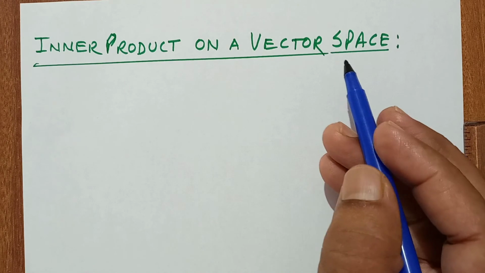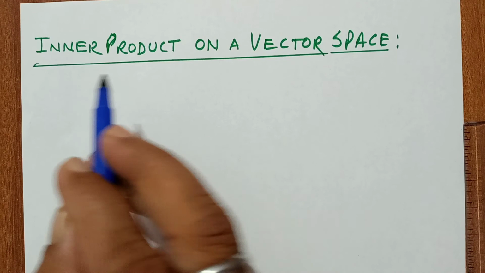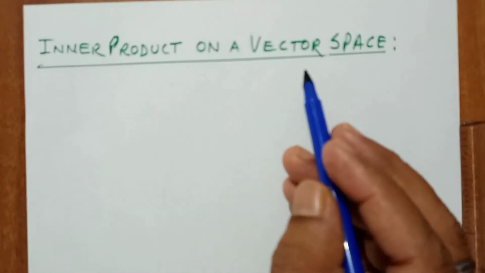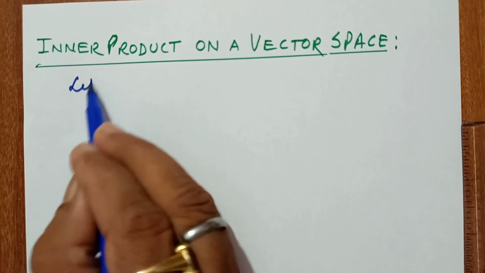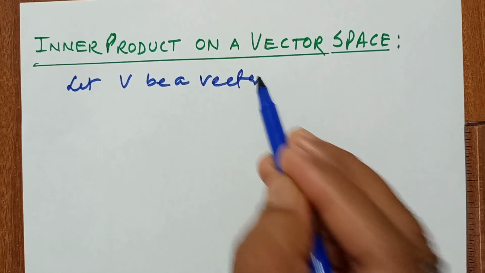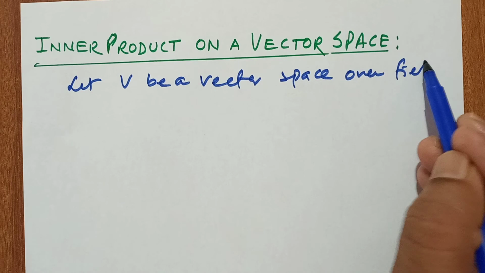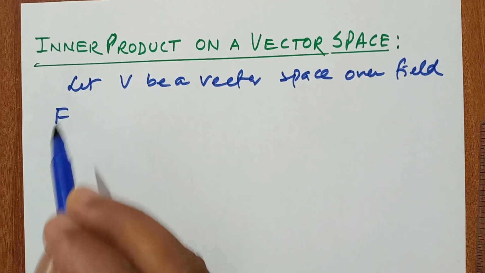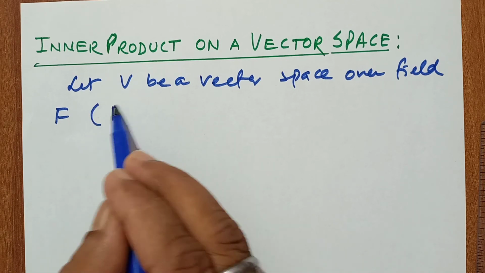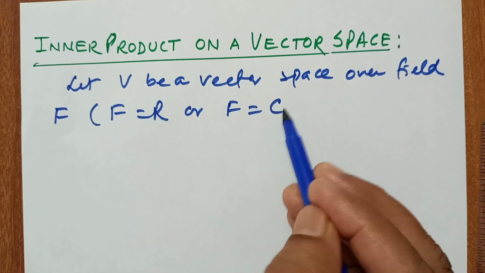Now, inner product on a vector space. We have studied the inner product of two vectors. Now I am going to explain inner product on a vector space. So let V be a vector space over a field F. Here F is either the set of real numbers or the set of complex numbers.